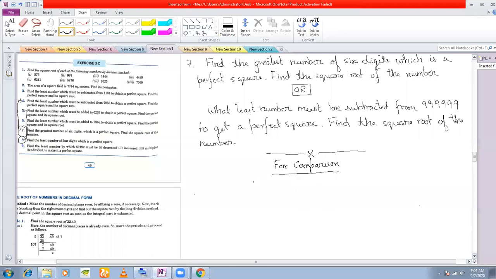The question here is, what least number must be subtracted from 23 to get a perfect square?